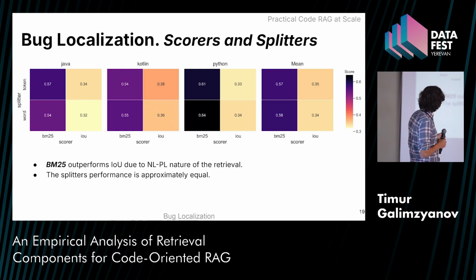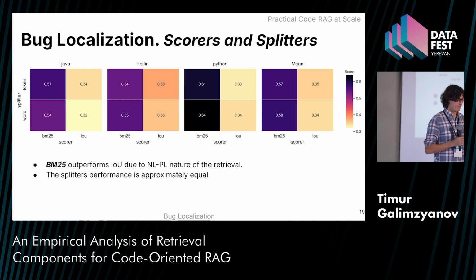The next task was bug localization. And we also benchmarked sparse metrics like BM25 and intersection over union. Here, just to recall, bug localization is more natural language to programming language retrieval. So you have your queries in natural language, and you have to retrieve programming language context.